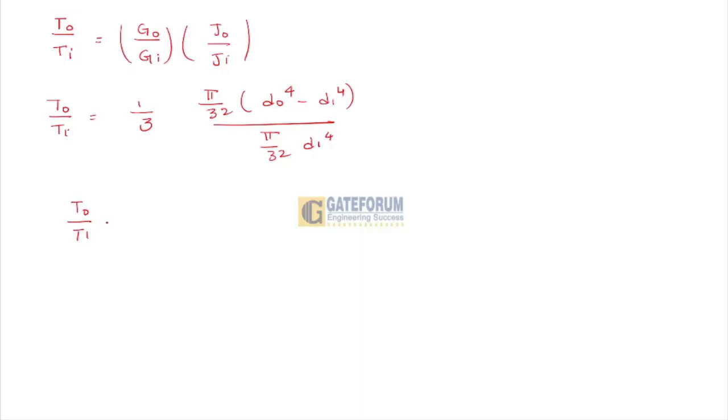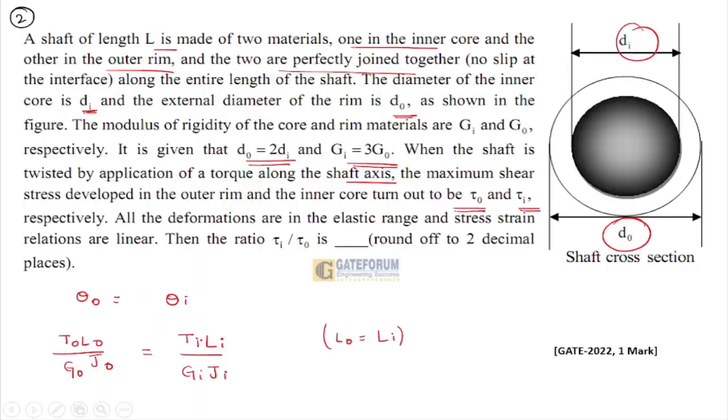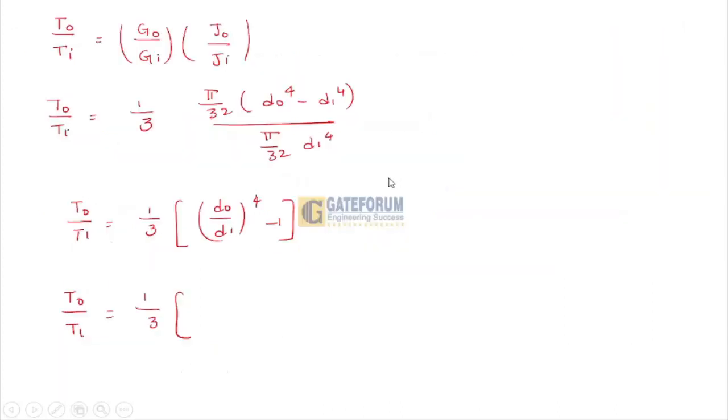T naught by Ti is equal to 1 by 3, d naught by di whole power 4 minus 1. D naught is 2 times di, so obviously this will become 16 minus 1. T naught by Ti is equal to 15 by 3.